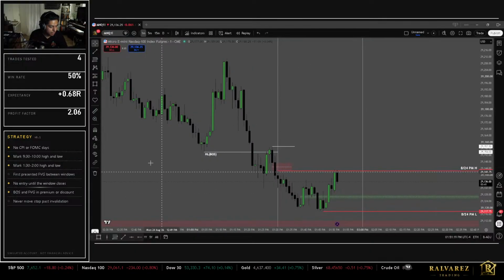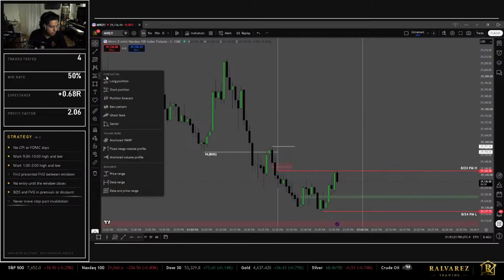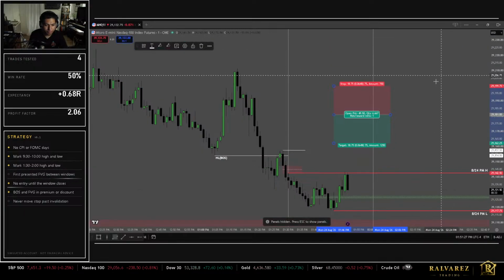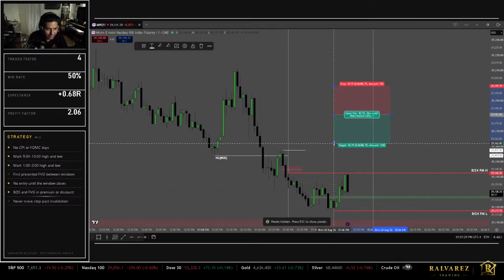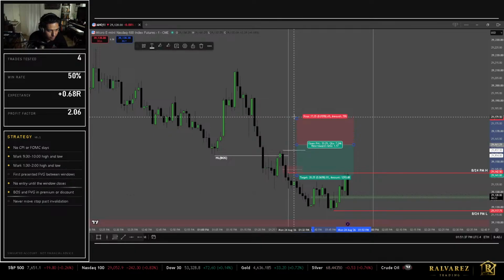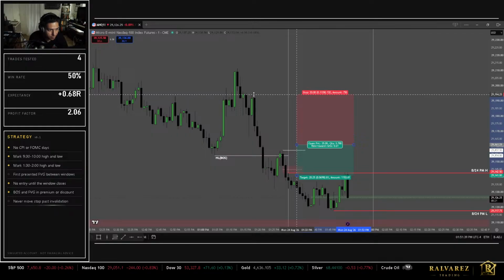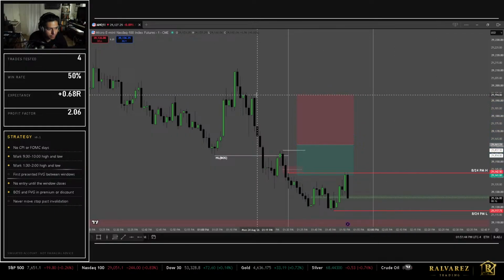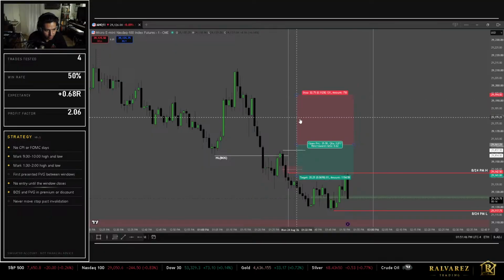So I usually never do this type of thing, but if we were gonna do something like this, ideally, best case scenario, I want to target something like this. My stop loss can be like that, because this would invalidate my trade up here.